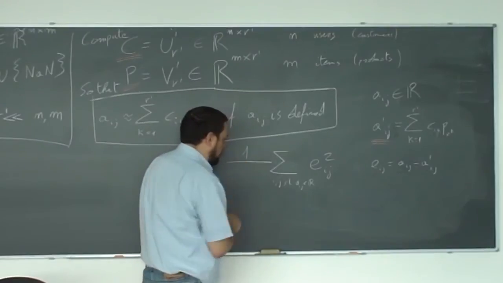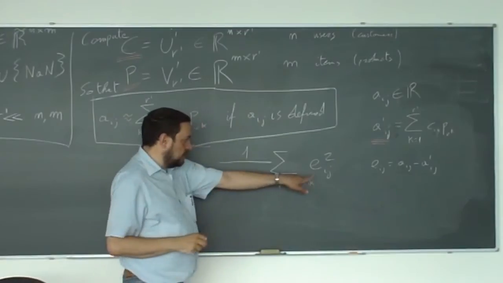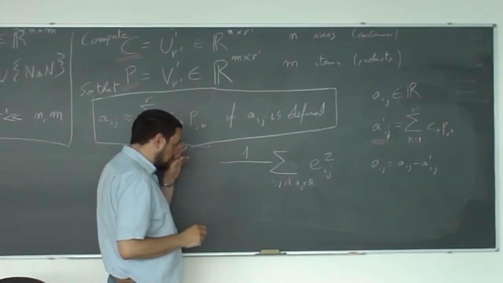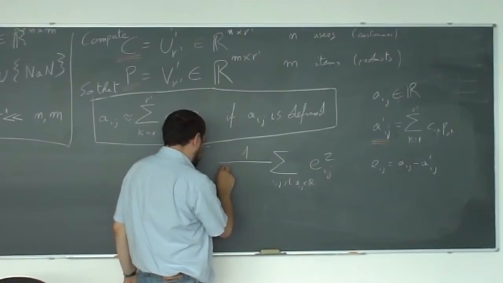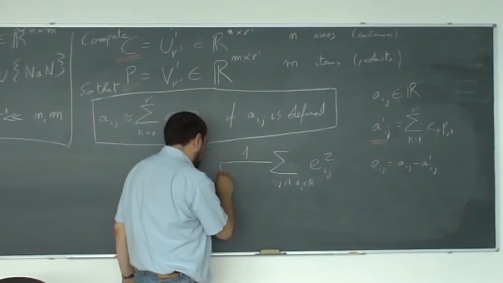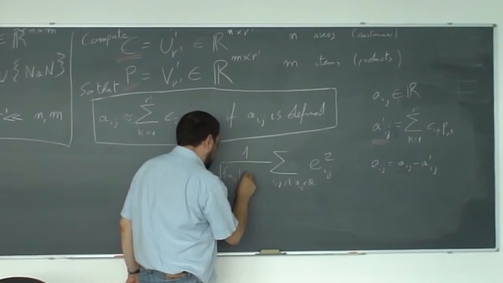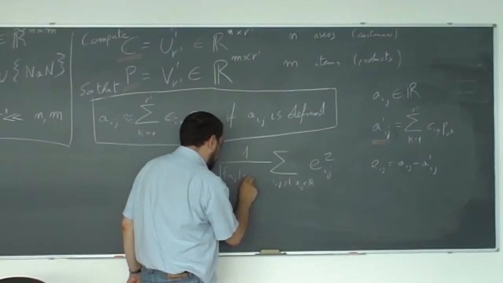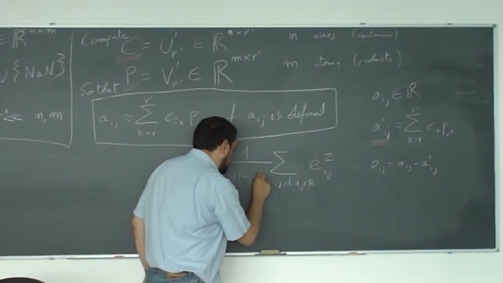Of course, we divide by the total number of elements in the sum so that we get an average. So it's the number of indices i and j such that Aij is a real number.